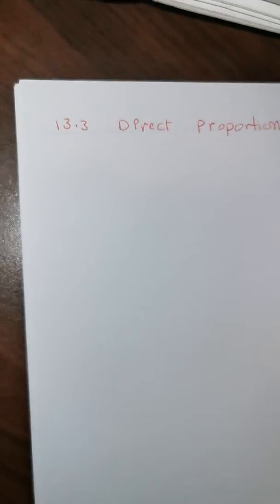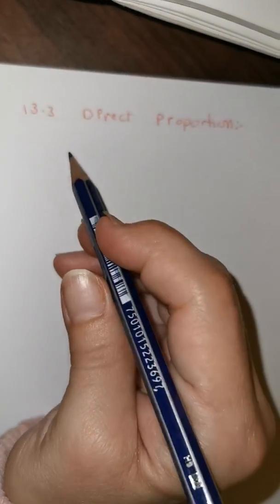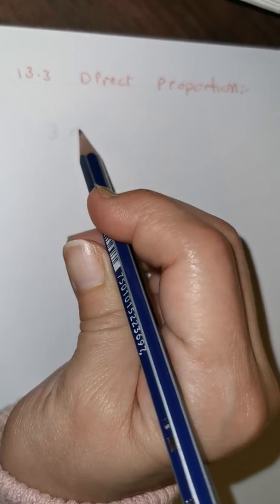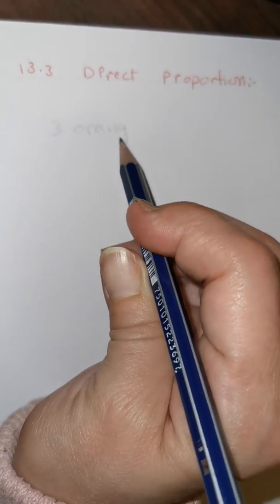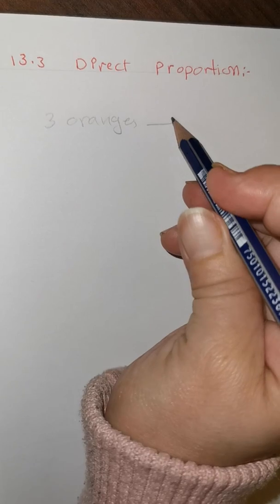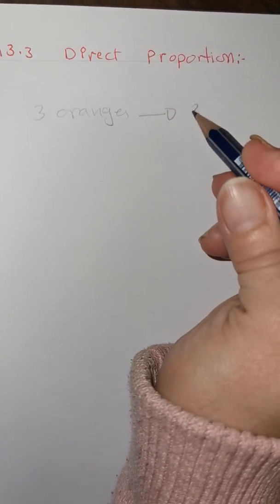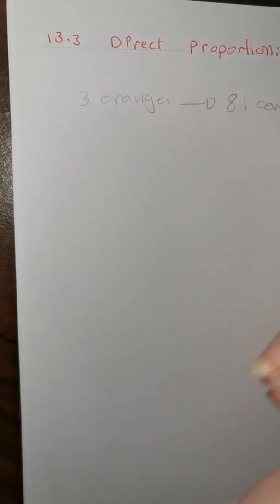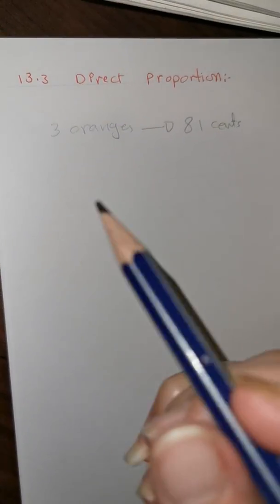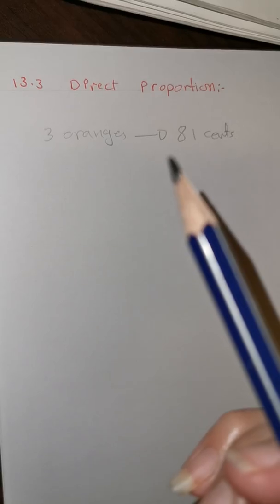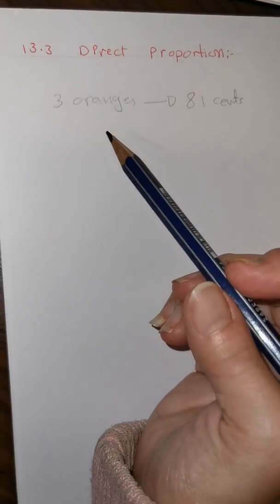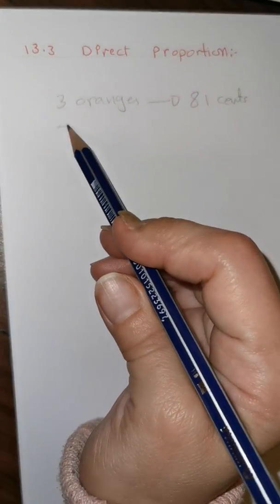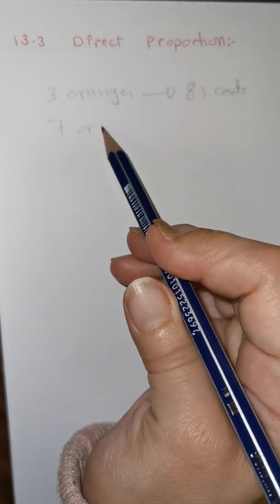3 oranges cost 81 cents. What about 7 oranges? So he's asking about 7 oranges. You have to write 7 with oranges, because 7 represents the number of oranges.